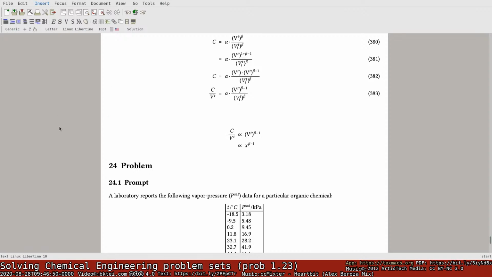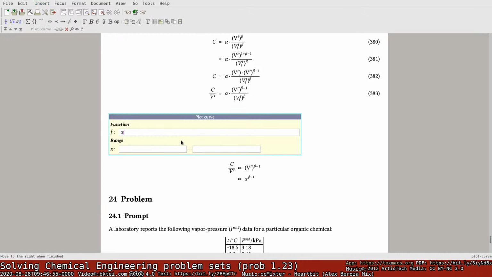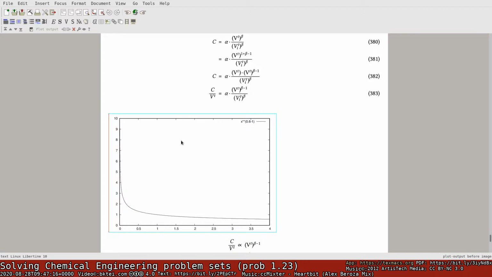Insert image plot curve function x raised to the negative 0.6, or 0.6 minus 1, 0 to 4. Maybe x 0 to 1 would be better.